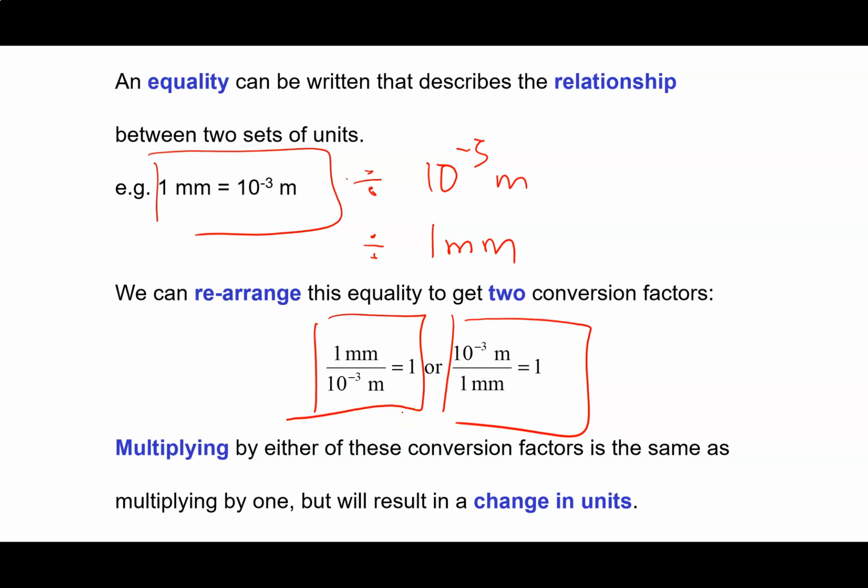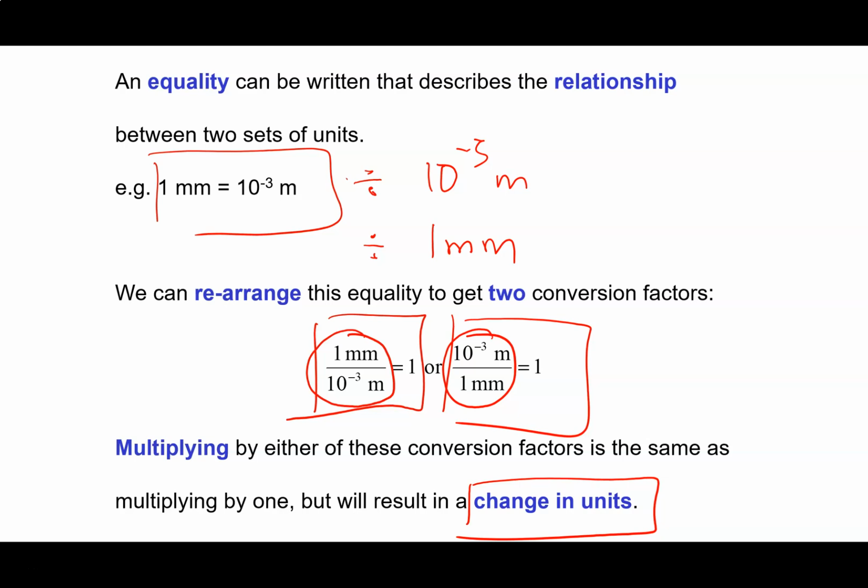So what you can see here is that multiplying by either of these 2 conversion factors, a conversion factor being just a fraction, is exactly the same as multiplying by 1. So I don't change the size of my measurement when I multiply by 1 or by my conversion factor. What I do is change my units. So these fractions that we call conversion factors that are equal to 1 are what we're going to be using to achieve our unit conversions.